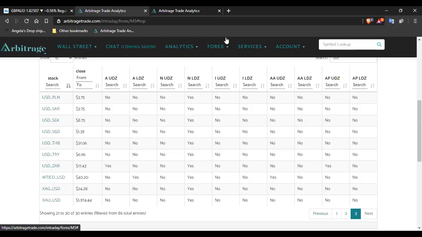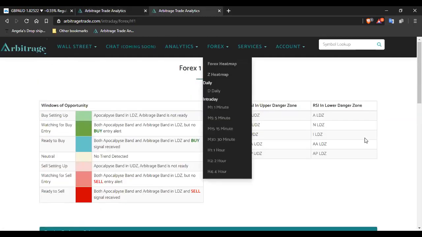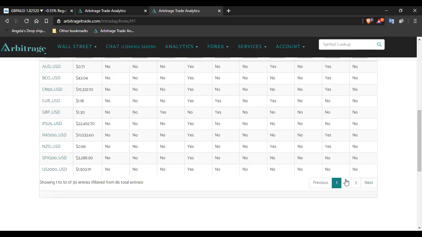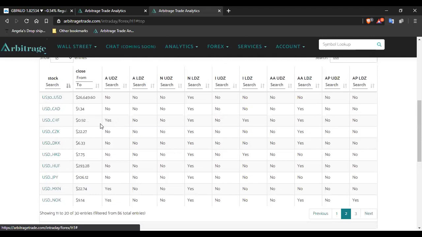Let's go on to the 1-hour time frame just to get the confirmation. US dollar. No, no, no, no, no, no, no. That's weird. Why are you not? There you go. All right, so USDCHF confirmed with the upper danger zone on the 1-hour time frame.